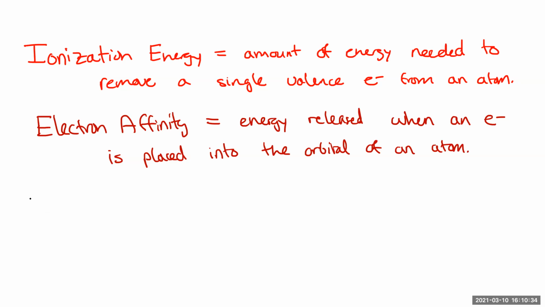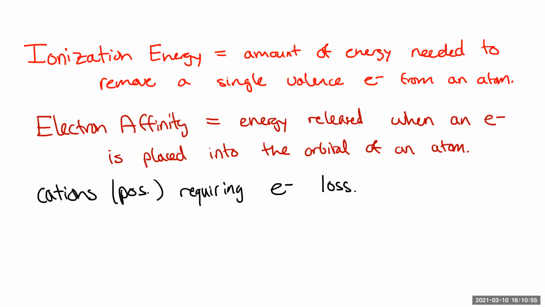Now, if you've ever studied chemistry before, or as you've been reading and doing the homework, you realize that ions are charged. So cations, recall, have a positive charge, requiring, therefore, electron loss, which means they require energy to remove an electron.